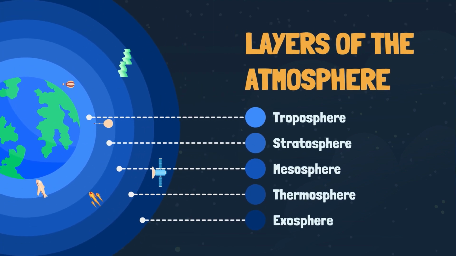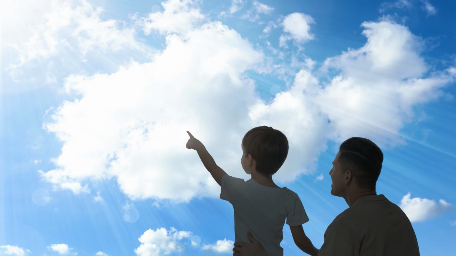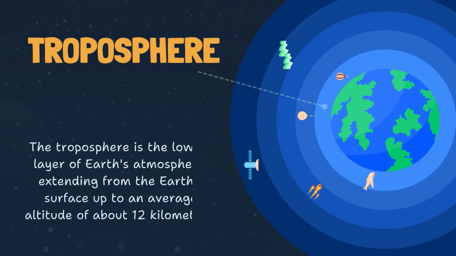Imagine the Earth wrapped in a cozy blanket, like the troposphere. The troposphere is the lowest layer of Earth's atmosphere, extending from the Earth's surface up to an average altitude of about 12 kilometers.